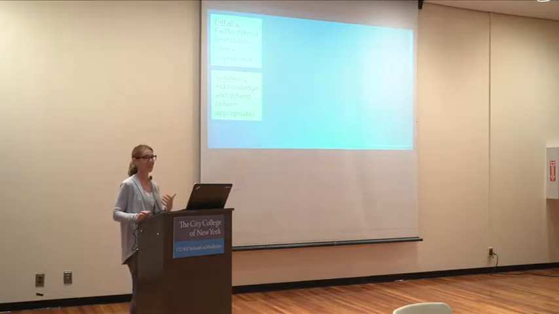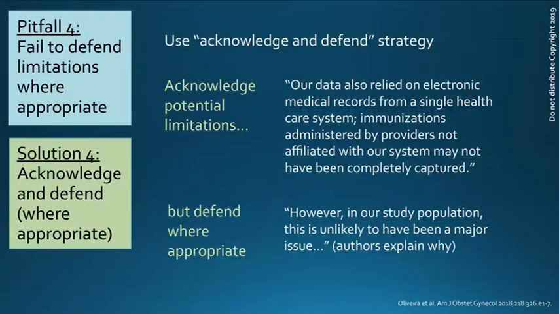I call this the acknowledge and defend strategy, because of course you want to acknowledge any kind of limitation that may have impacted your data. However, for the less serious limitations, you might take the time to explain why this limitation might not have been a huge flaw or a huge impact on your data.